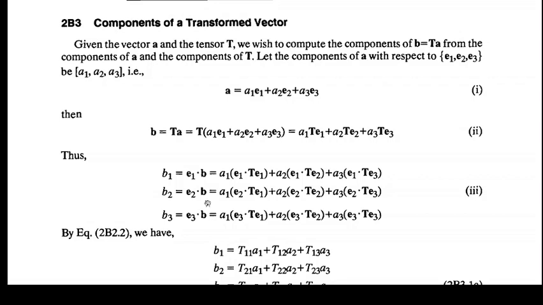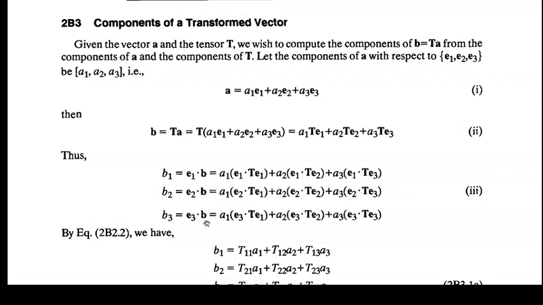So we can write simply E2 dot B. Then we will write E2 dot this, plus E2 dot this, plus E2 dot this, and again as we have written in this equation, A1 outside, E2 dot TE1 plus E2 dot TE2 plus E2 dot TE3.